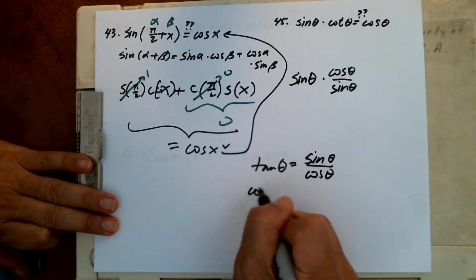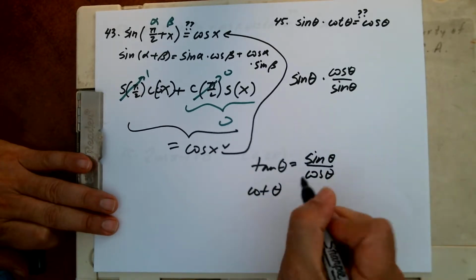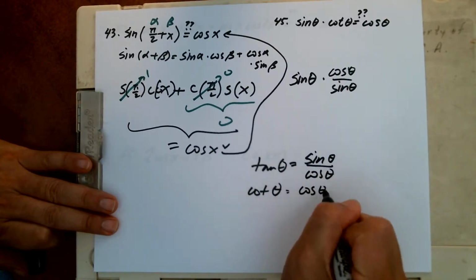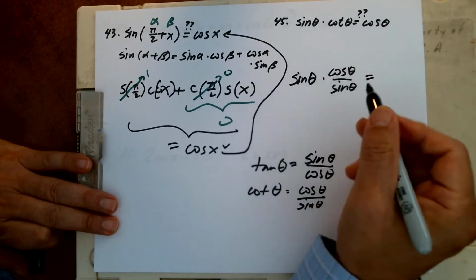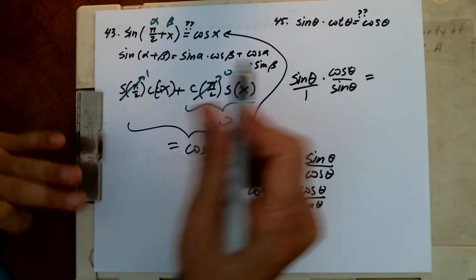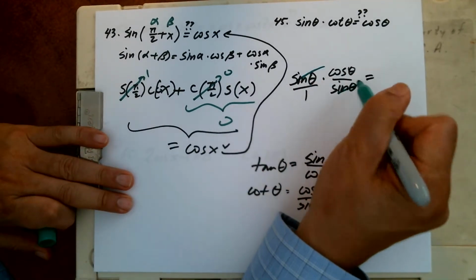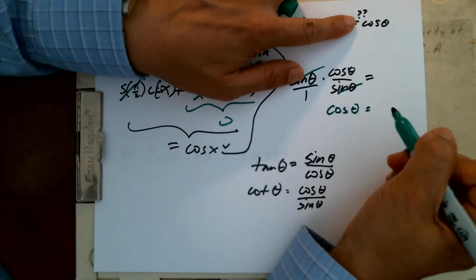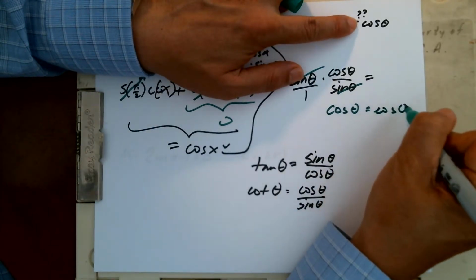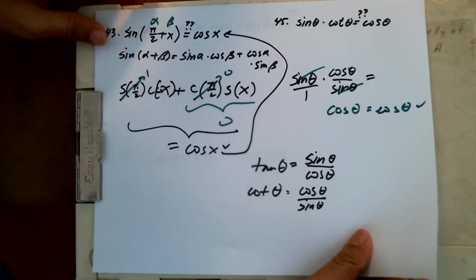So the cotangent of theta, which is the reciprocal function, we just flip it around, which becomes cosine of theta over sine of theta. Then over 1, we notice something else. When we multiply straight across, we can actually cross these out. That becomes cosine of theta is equal to right here, cosine of theta. Check. Let's go to the next problem.